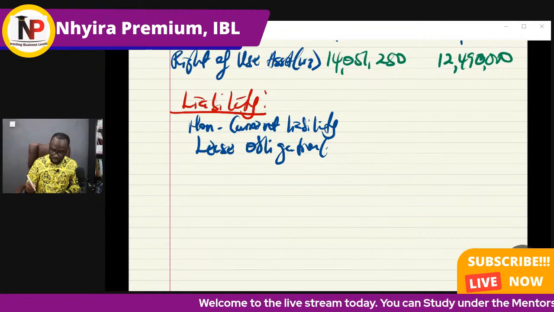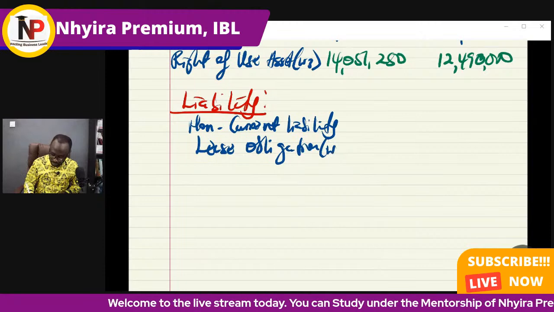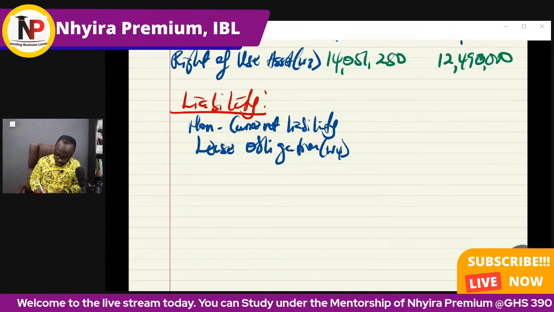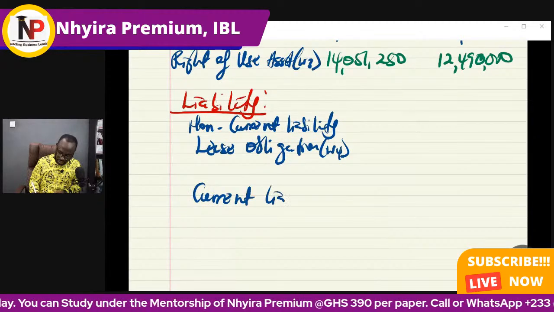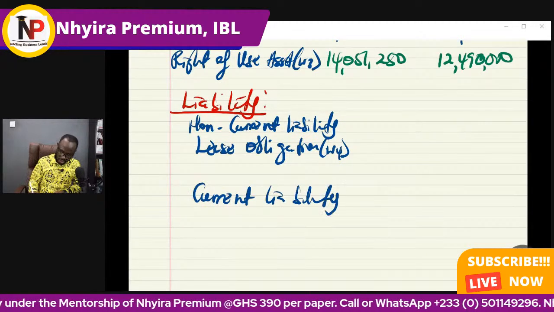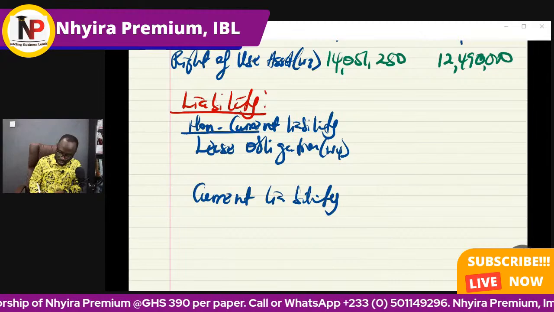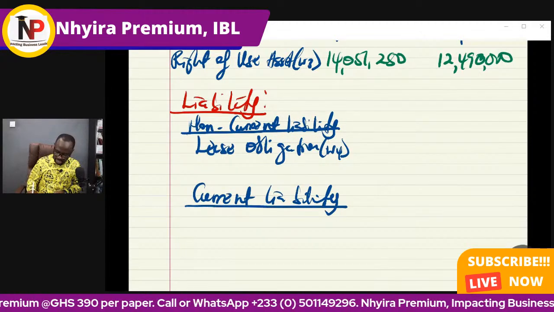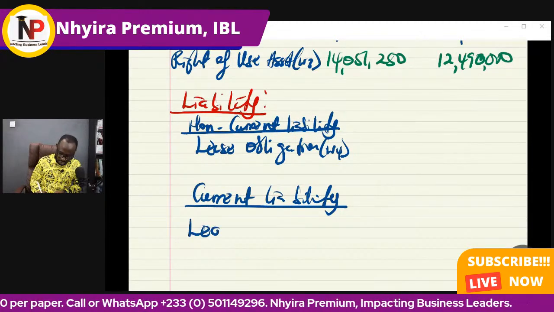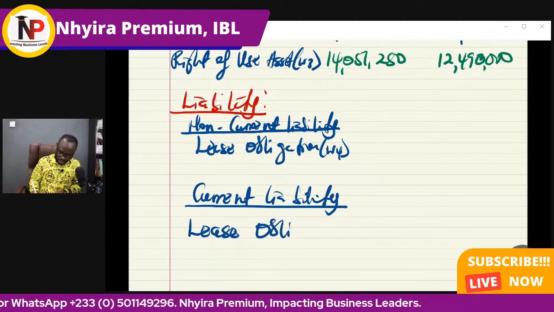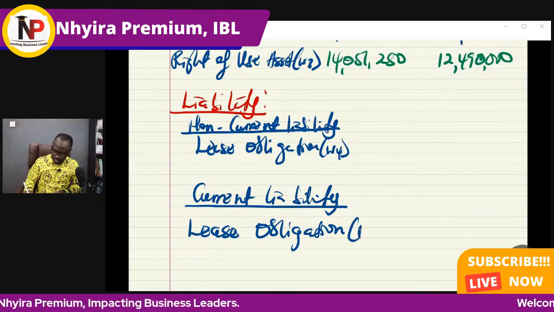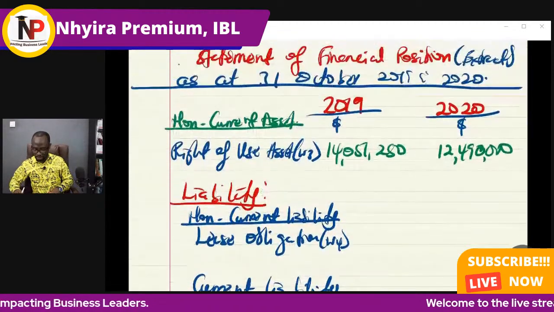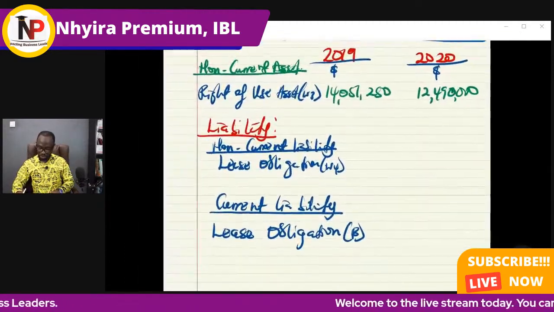Don't worry, I'm going to be dealing with that. Then we will have current liability. And again, there we will have lease obligation. And that's going to take the balancing figure. And I'm going to explain that to you in a moment.